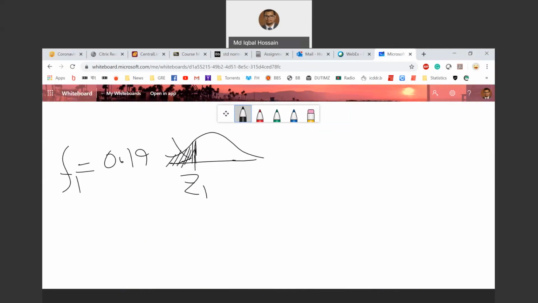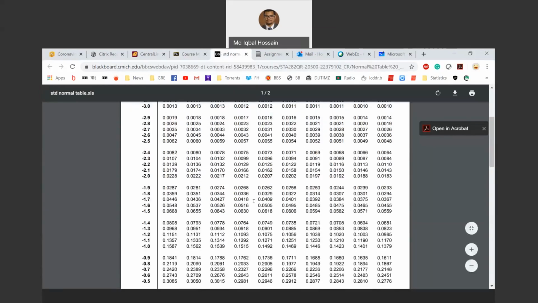So the area on that side is 0.19. This is our F1. We are trying to find that point, which would be our Z. We know the area is 0.19, so we are trying to find the point where the area is 0.19 on that graph.